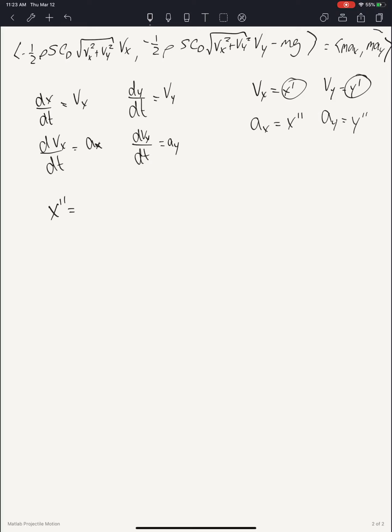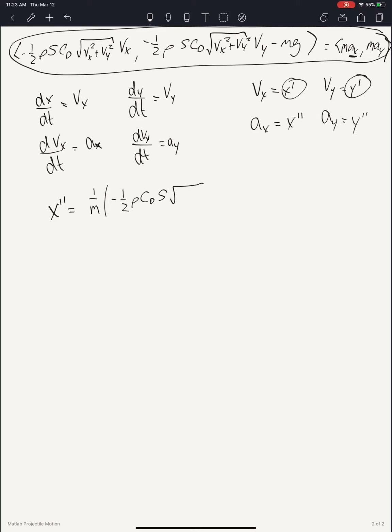If I take this big expression up here, can I solve for x double prime? Remember, x double prime is this. So I'm just going to look at the x components of this equation and solve for ax. ax is equal to 1 over m times negative 1/2 rho c d s square root of x prime squared plus y prime squared times x prime.